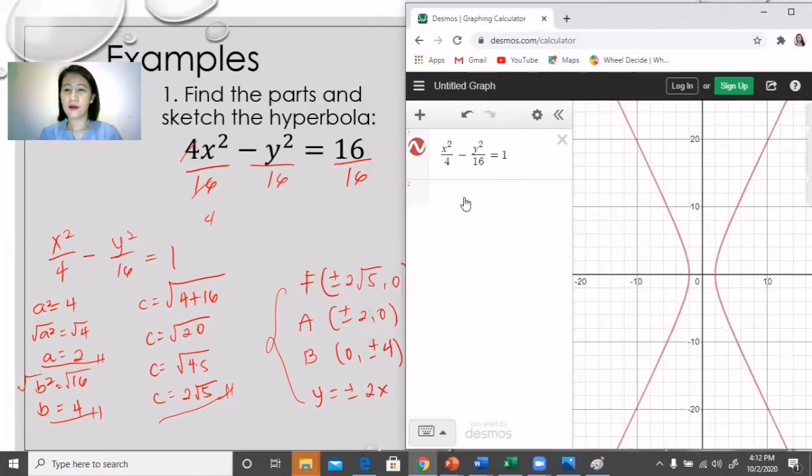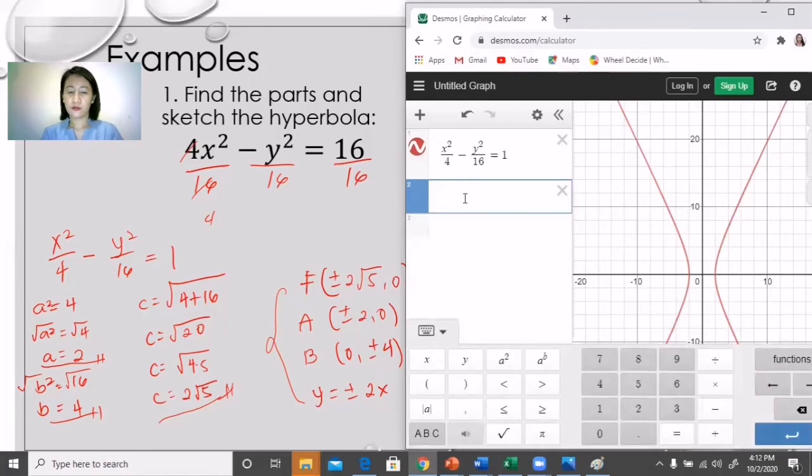Next, let us now have the parts. So for the foci, we have positive, negative 2 square root of 5. So you have 2 square root of 5, 0. Wait lang. Forgot to put space. 0.